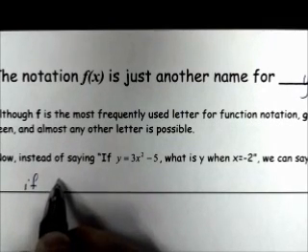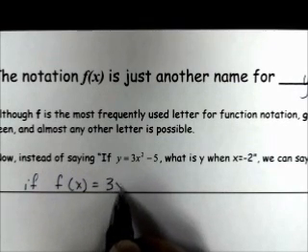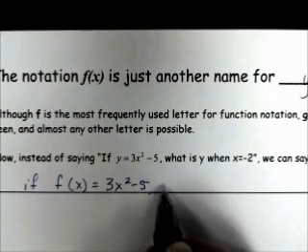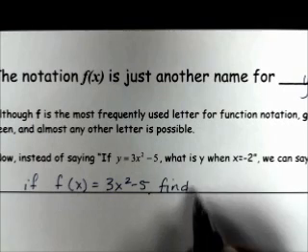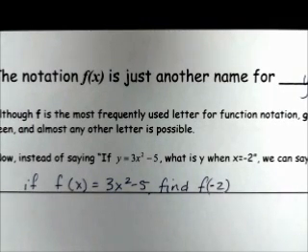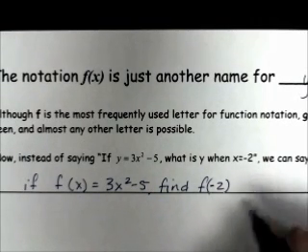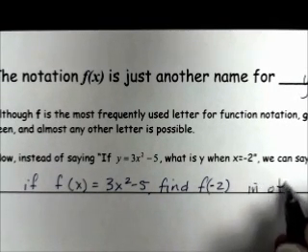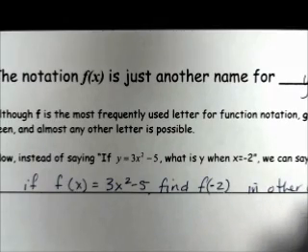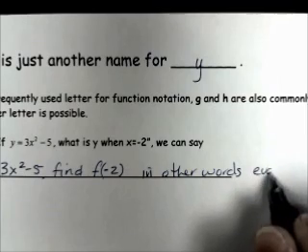if f of x equals 3x squared minus 5, find f of negative 2. In other words, evaluate f of negative 2.